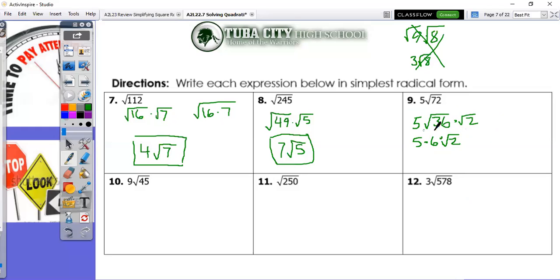So remember, these are three numbers all being multiplied to each other. But since these are whole numbers, they represent the coefficient of both of them, and we can just multiply them together. So that would be 30 times the square root of 2, or 30 root 2, like that.